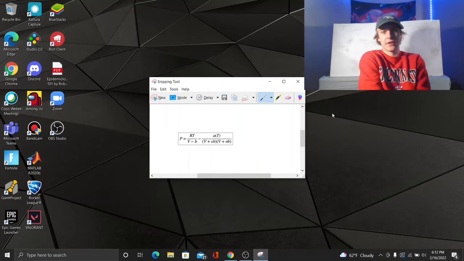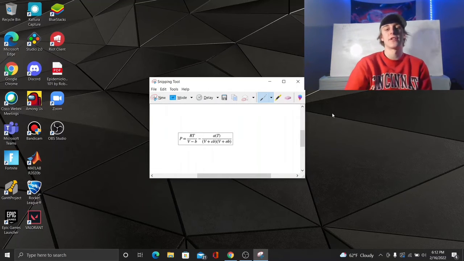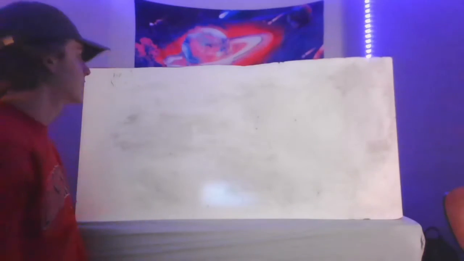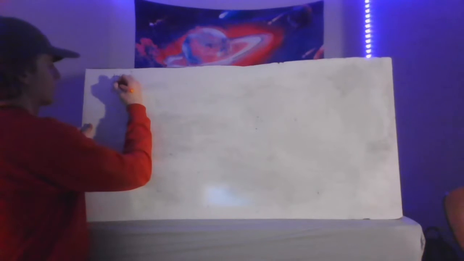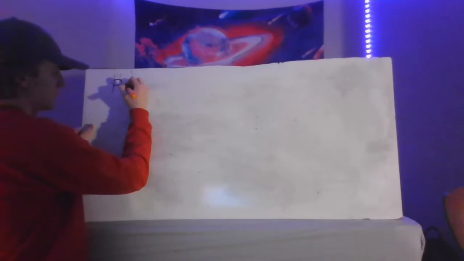So in this video, I'm going to derive a cubic polynomial expression for the compressibility factor from the generic cubic equation of state. And that is this equation right here. So I'm going to start this by copying down the cubic equation of state.